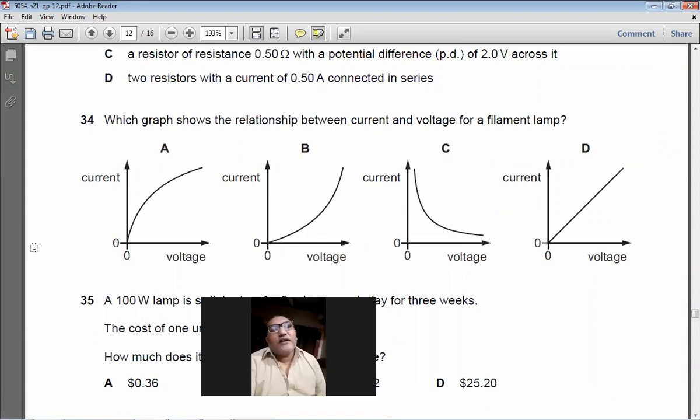The slope of these graphs is equal to the reciprocal of the resistance. Slope is equal to 1 by R. And as you increase the voltage across a filament lamp, its resistance increases. So if the resistance increases, the slope should decrease gradually. In which diagram is the slope gradually decreasing? That is answer A.